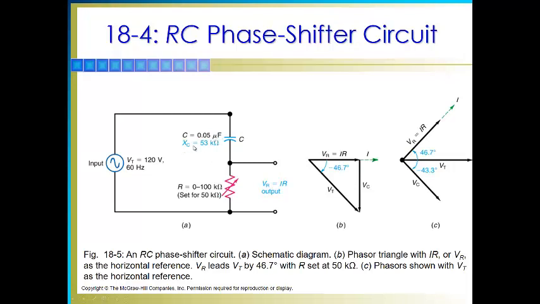The capacitive reactance is 53 kilo ohms. The resistor is a variable resistor that can vary from 0 to 100 kilo ohms, and for this example we're going to set it to 50 kilo ohms. As you can see, the reactance is just a little more than the resistor. This is 53 and this is 50.